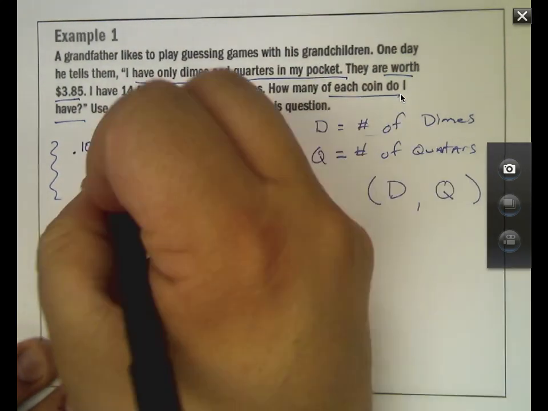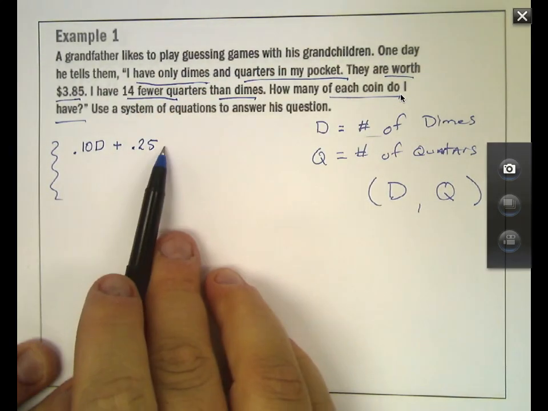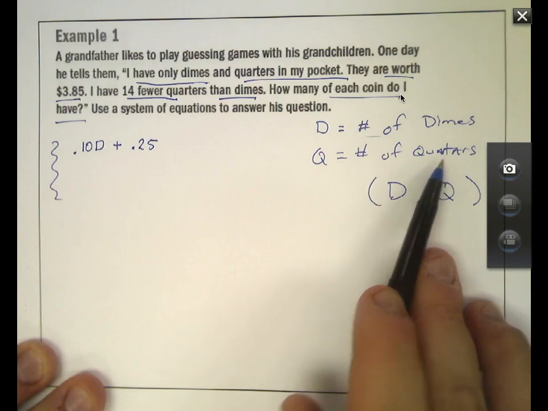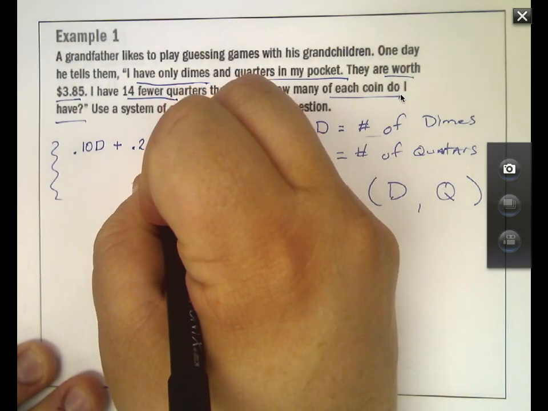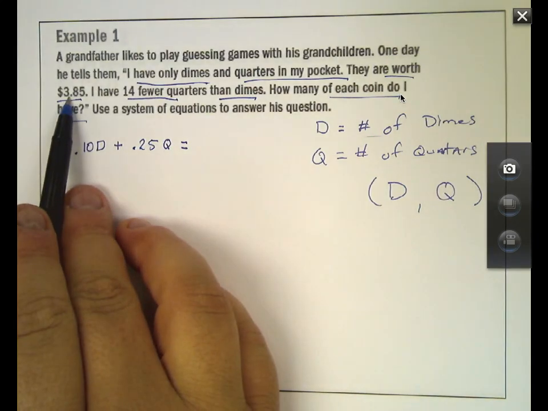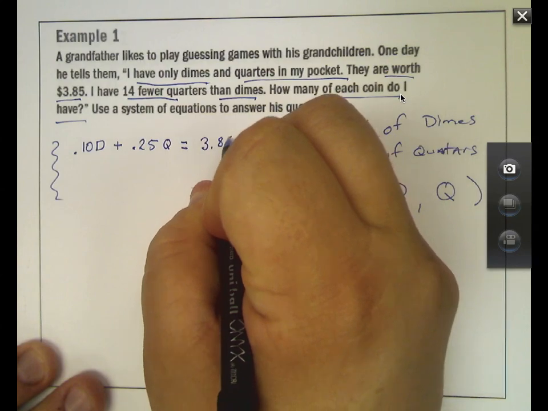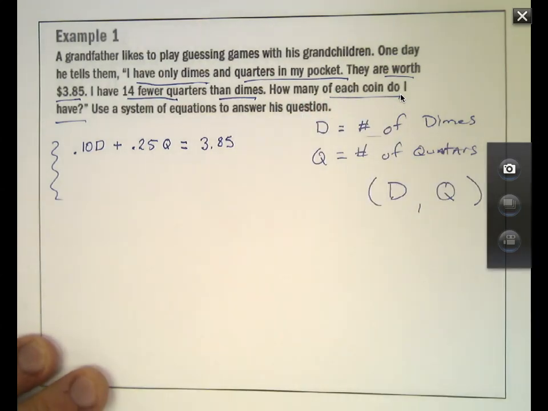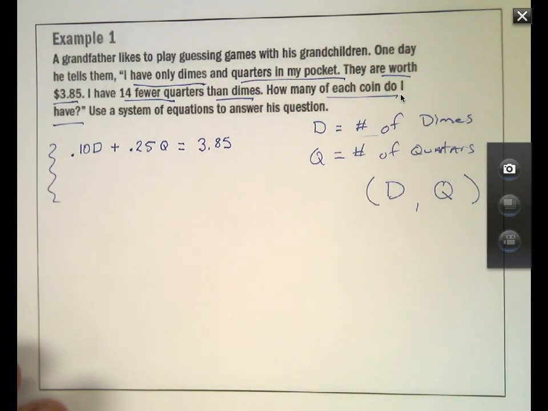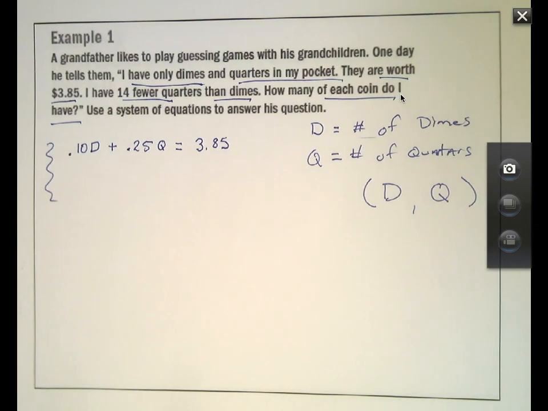A quarter costs 25 cents, times the number of quarters. What's my number of quarters? Well, that is Q. That total, he said, equals $3.85. Make sure you pay attention to this question. It is a quiz question.